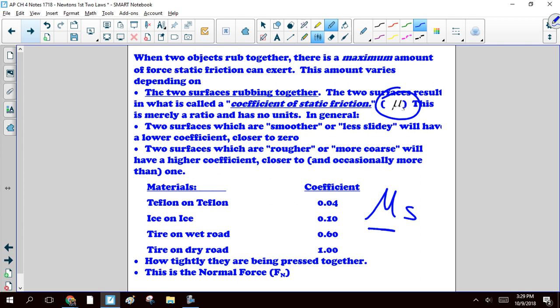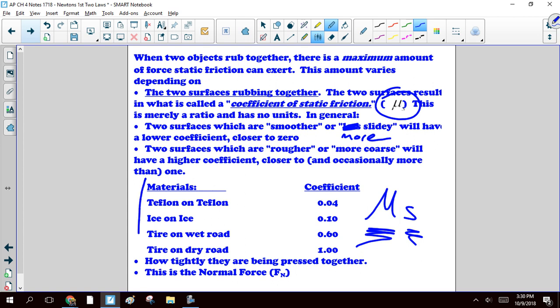Remember, Greek letter mu is the coefficient, S for static. Two surfaces that are smoother, or more slidey, are going to have a lower coefficient of friction, and if it's rougher or more coarse, you'll have a higher coefficient of friction, okay?